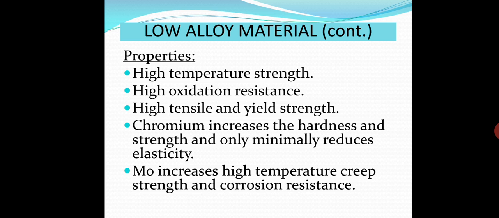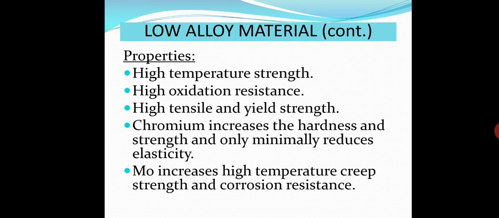So basically chromium and molybdenum are added along with iron, carbon and very small amounts of other alloying elements such as manganese, phosphorus, sulfur and silicon to prepare these low alloy materials.